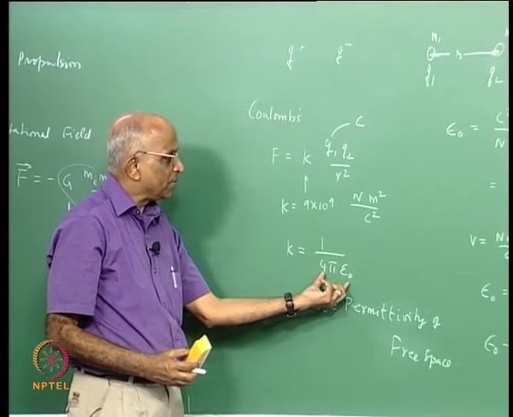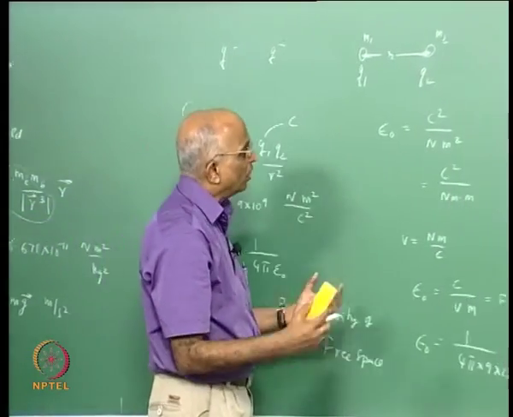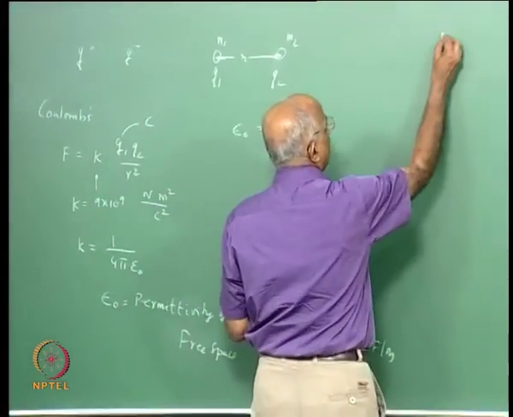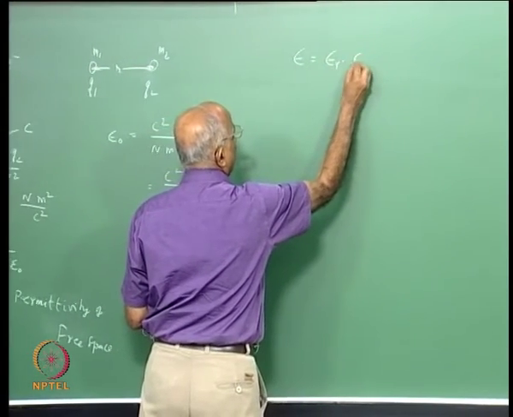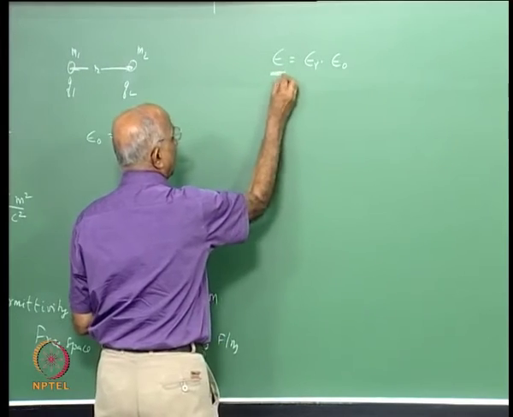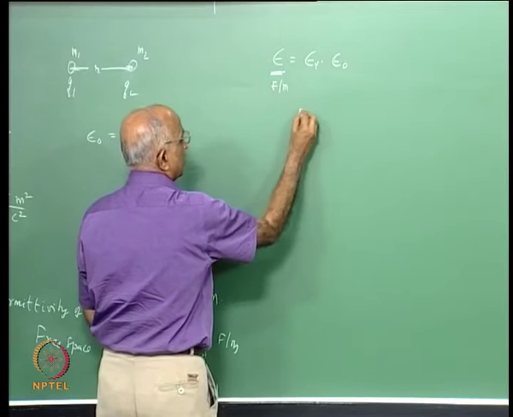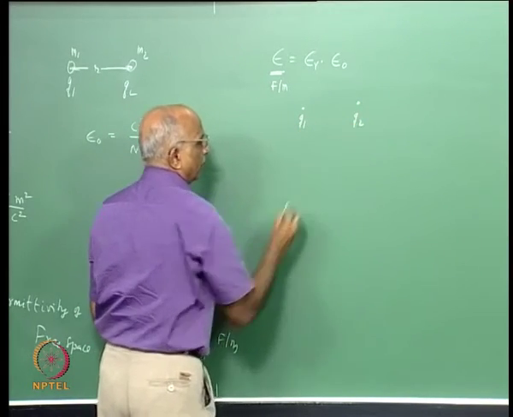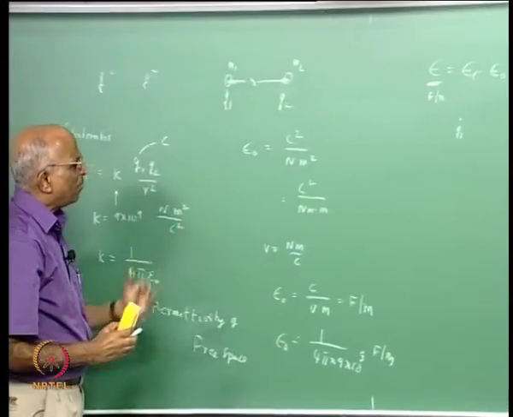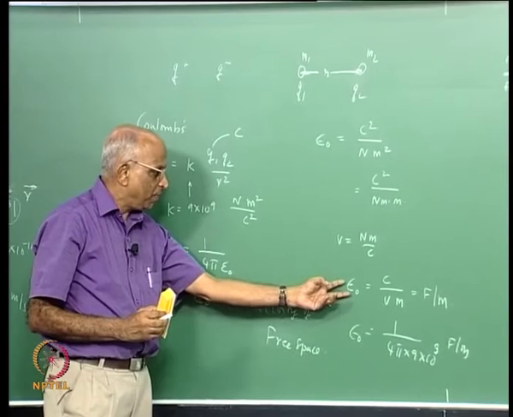If I have a space which is different, like I have maybe some air, some moisture, so all these things are available, I say the permittivity of the particular space is equal to the relative permittivity into epsilon naught, and therefore I get the value in farads per meter for any space between two charges q1 and q2. We will keep this in our mind, because when we do a problem we must be able to relate the problem.